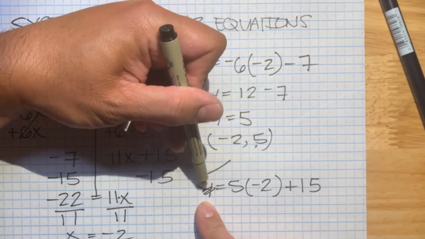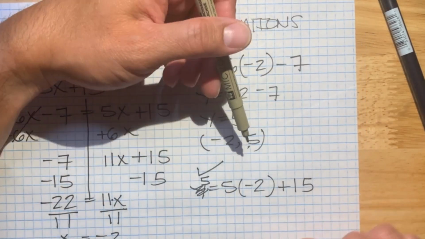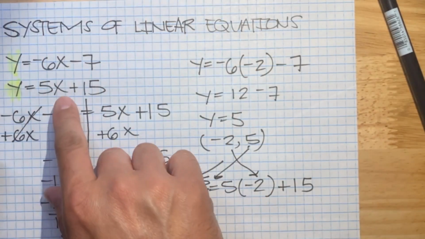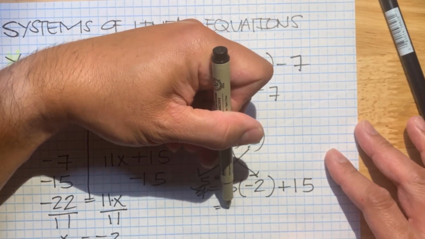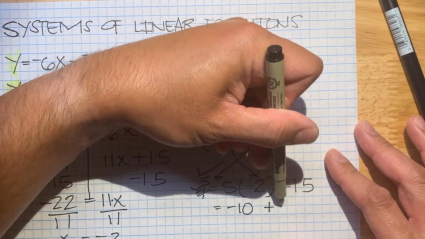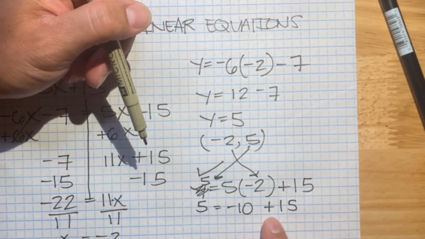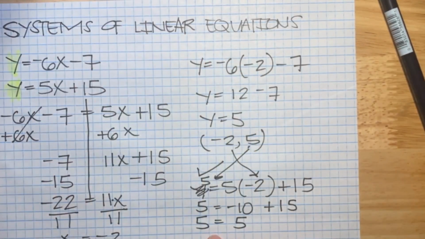So 5 right there, and the negative 2 goes here into the x from our equation. 5 times negative 2 is negative 10 plus 15. I'm going to bring down this 5. Negative 10 plus 15 is 5. And it works out. 5 does equal 5.